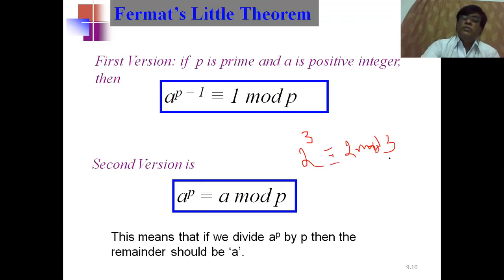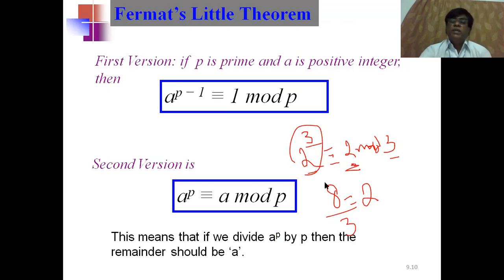So here we have the prime number 3, here also the prime number 3, here A value is 2, here A value is 2. Now calculate 2 cube. What is 2 cube? 8. So 8 modulo divide with 3. 3 twos are 6 and the remainder is 2. That's why 2 cube is congruent to 2, because 8 by 3 leaves 2.